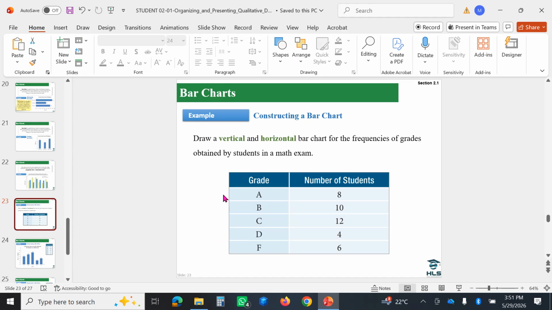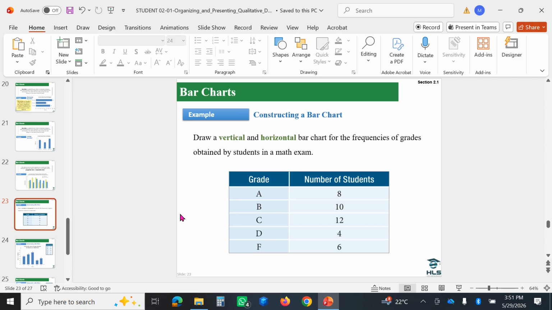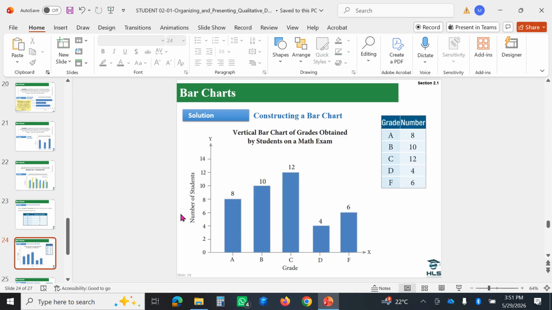Constructing a bar chart: draw a vertical or horizontal bar chart for the frequencies here. This is the grade, A, B, C, D, F, and these are the number of students who attained these grades. Not a problem at all. You've got a nice, easy scale, with the number of your frequency always going in this direction, and on the bottom you have the bins or the categories.